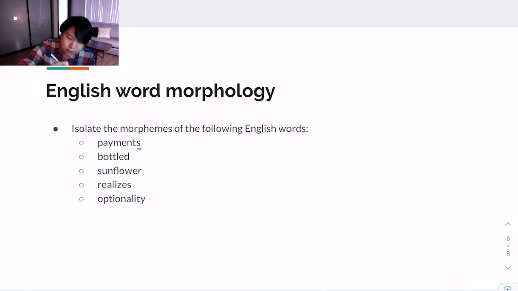Payments. First of all, you can find the S at the end, which is a plural ending. So payment is also a word, which is the singular form of payments, and payment is also a bimorphemic word.